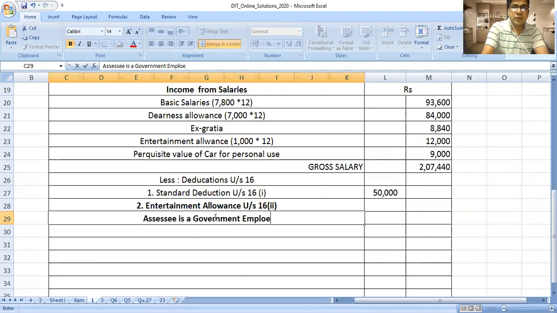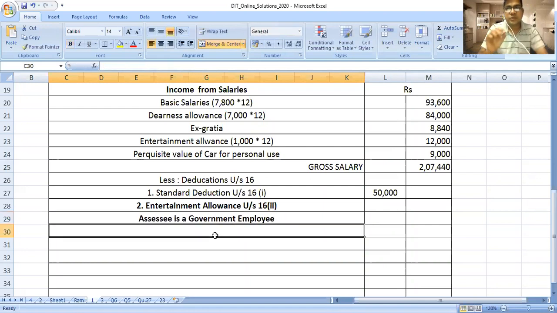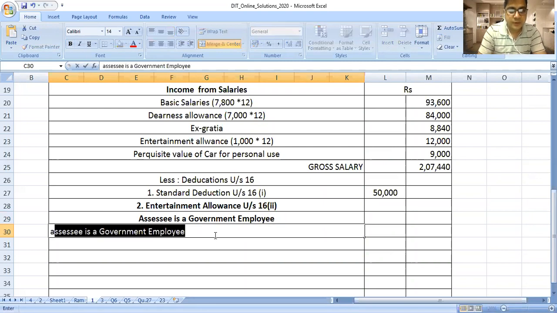Whenever a person is a government employee, this deduction is applicable. How will we calculate it?